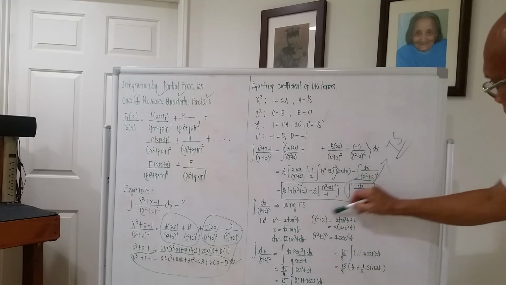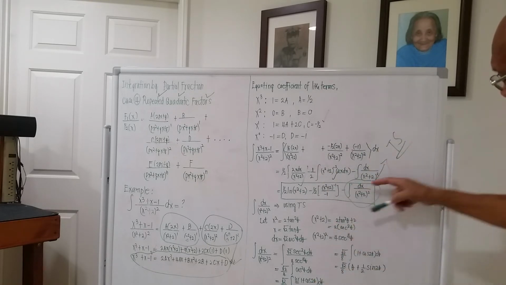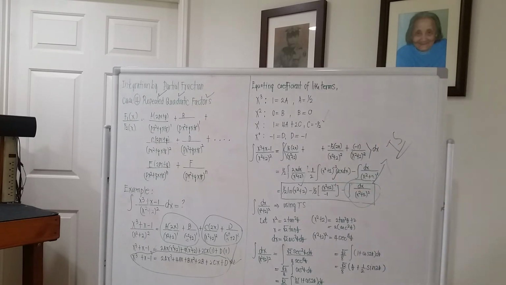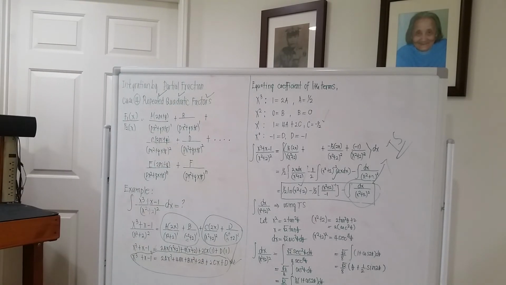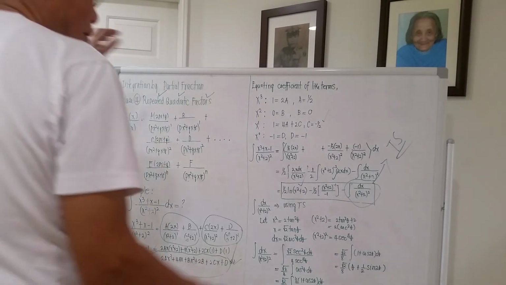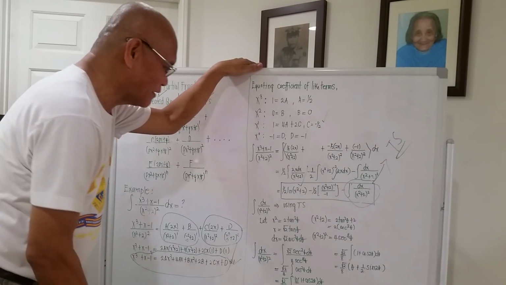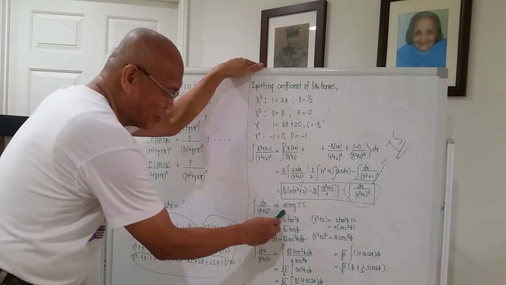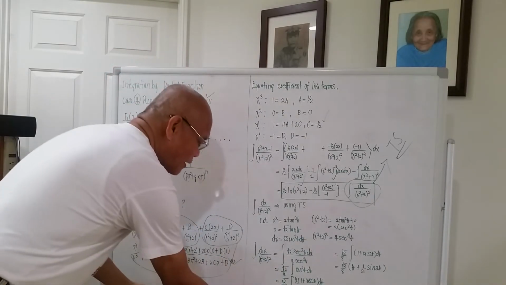So we will take the value of the integral of dx over (x squared plus 2) quantity squared separately. Be systematic. The integral of dx over (x squared plus 2) quantity squared using trigonometric substitution.